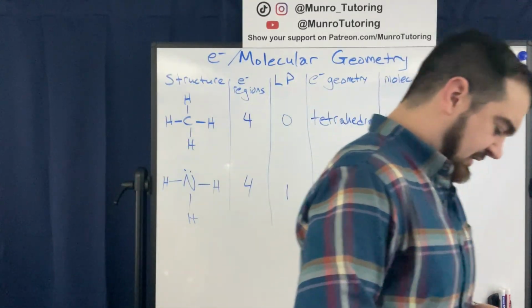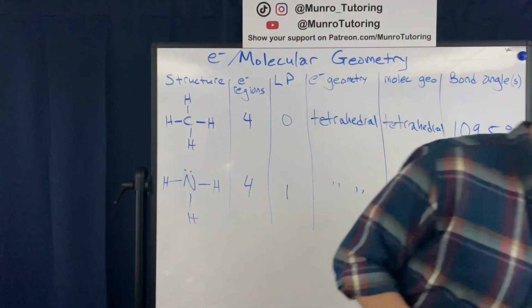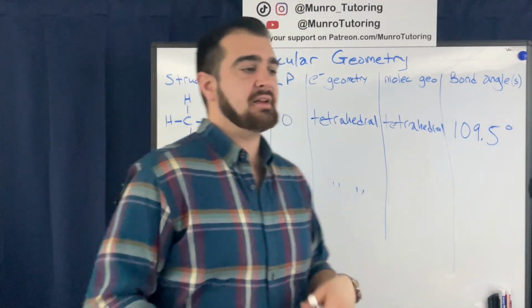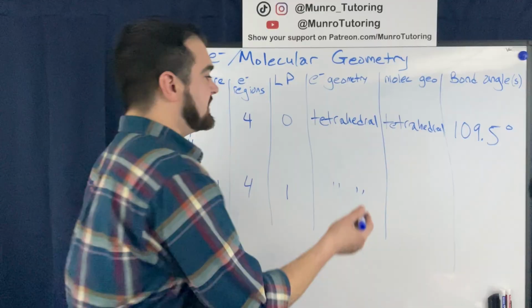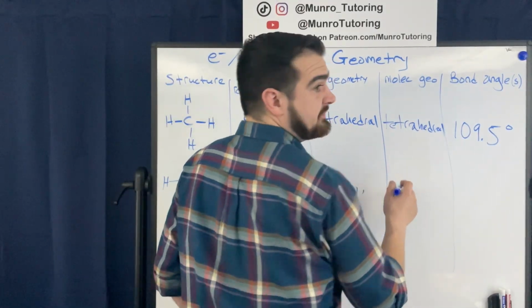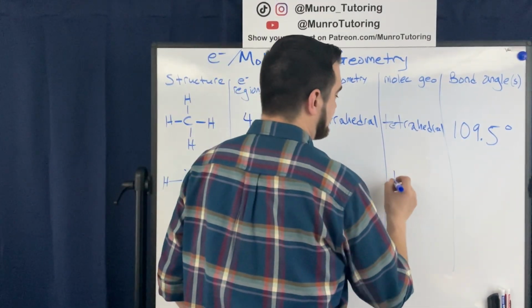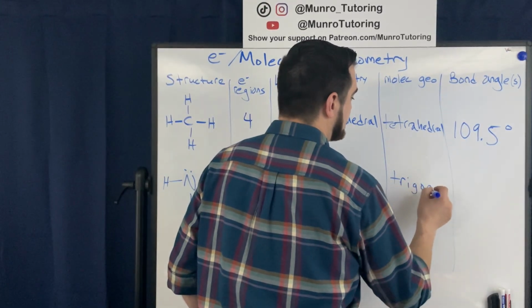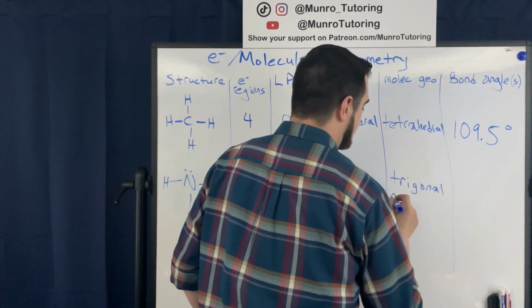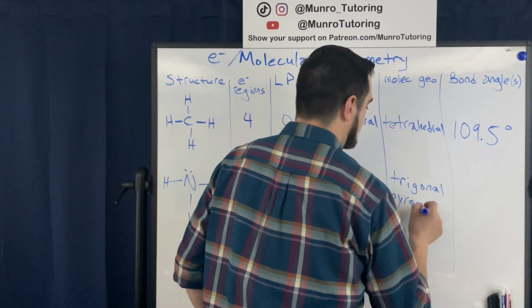So the electron geometry and the molecular geometry differ when you have lone pairs. Over here, I'm going to write it out because I haven't written it out yet. So it's trigonal, and that's pyramidal.